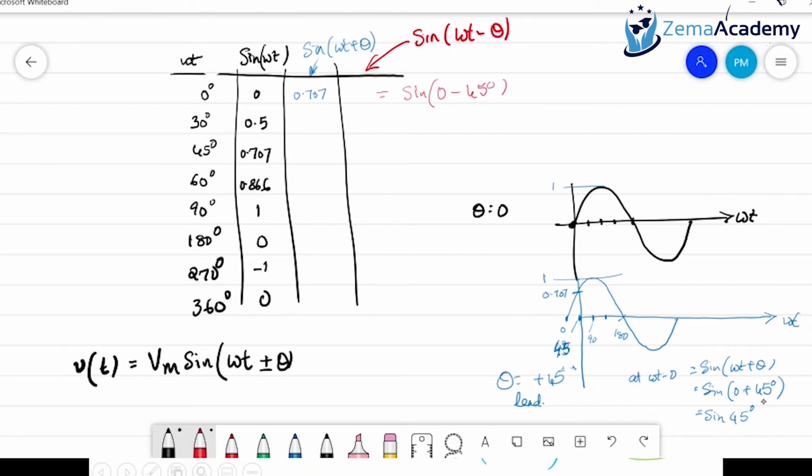Originally it is plus, but let's say if I'm wrong and minus is correct, then that should give you sine of minus 45 degrees, which will be minus 0.707. Whereas our value here is positive and not negative. So omega t minus theta is incorrect for this waveform. And I'll prove that it is correct for the other waveform.